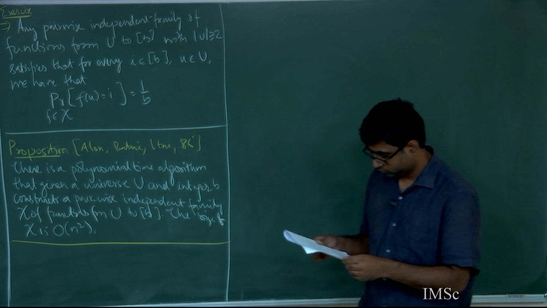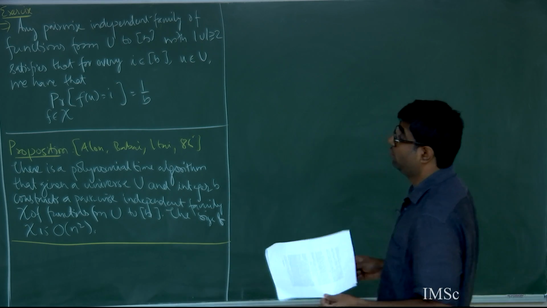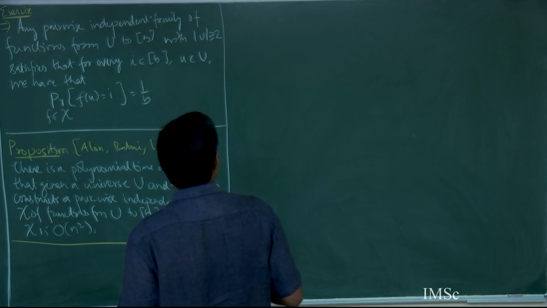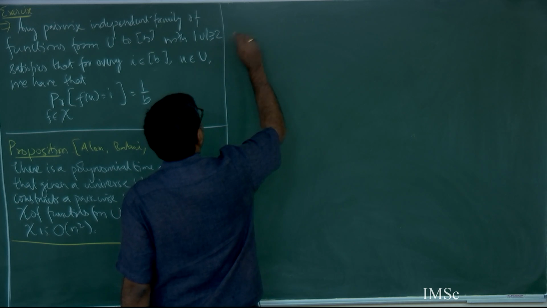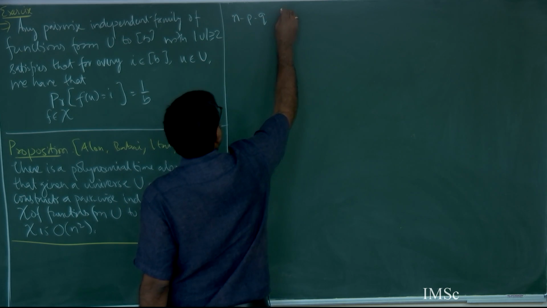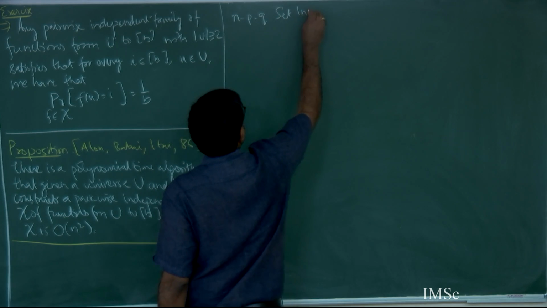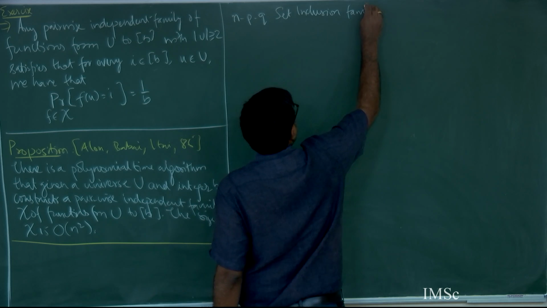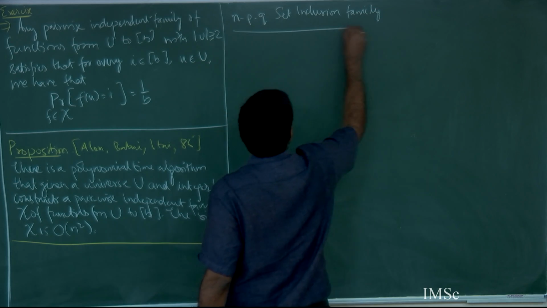Okay. So what is the construction? What am I trying to construct? If you recall correctly, we are interested in (n,p,q) set inclusion families. What is this family?